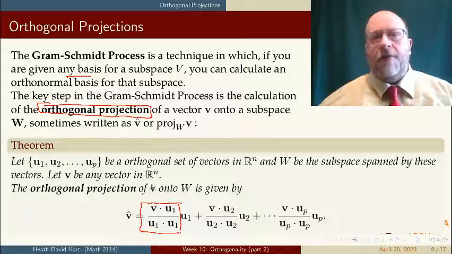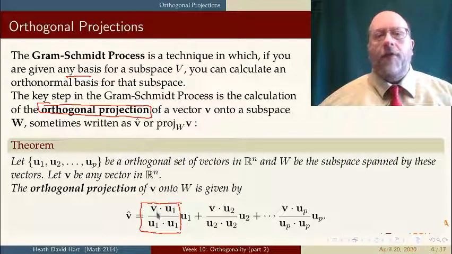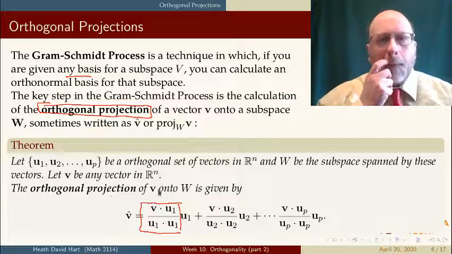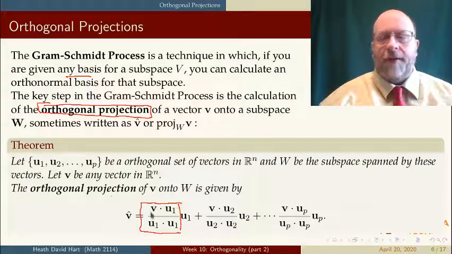So I calculate V in the alternate basis with respect to the first vector, with respect to the second vector, with respect to the third vector, and so on and so forth. And then build a linear combination taking those coefficients times the basis vectors. This is called the orthogonal projection of V onto W. And we'll give this a try.